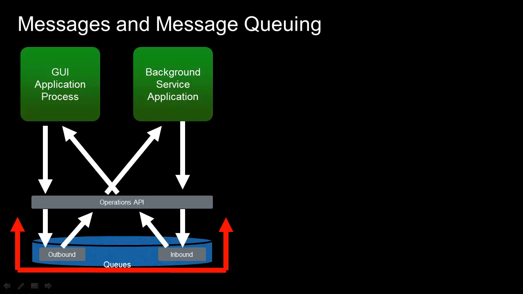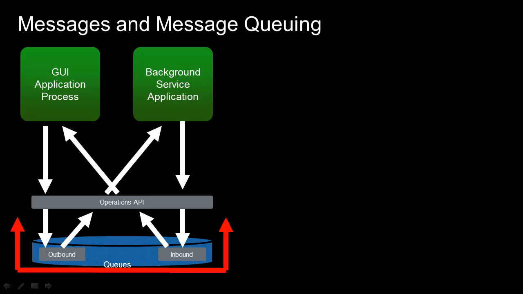In fact, we call requests operations, and just like a communications protocol, an operation has two parts: a request message and a response message. So for example, when the user creates a vacation request using the user interface, this results in a booking operation request message being placed in the outbound queue.